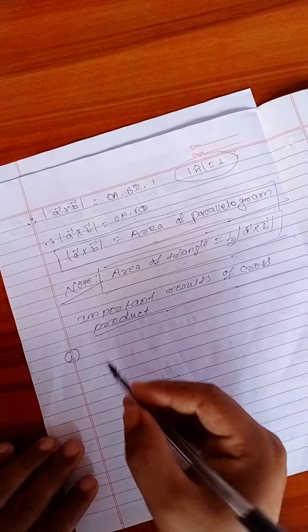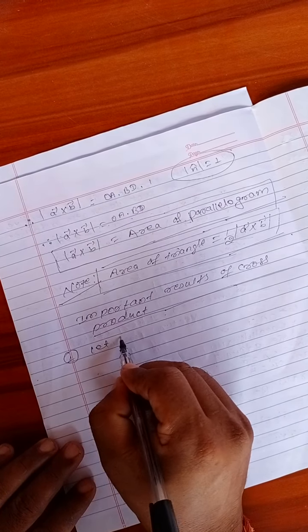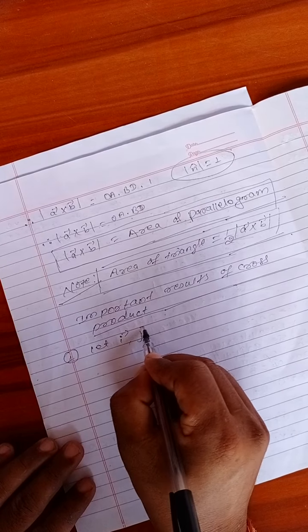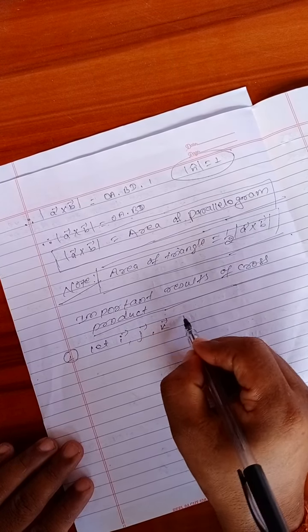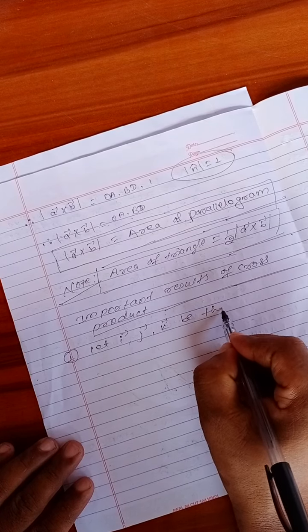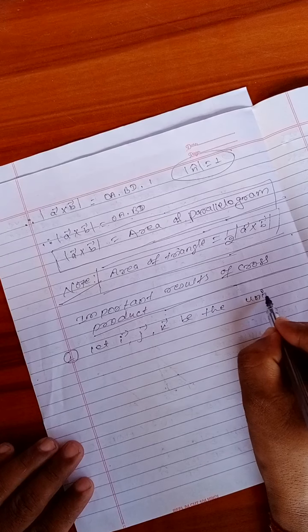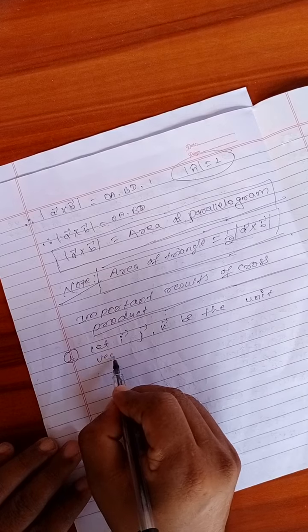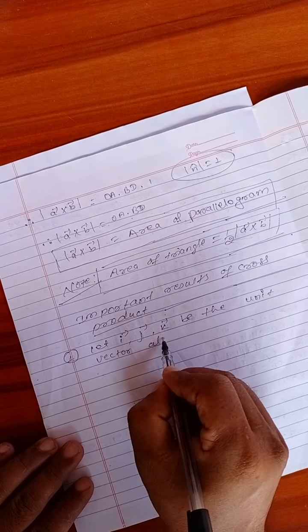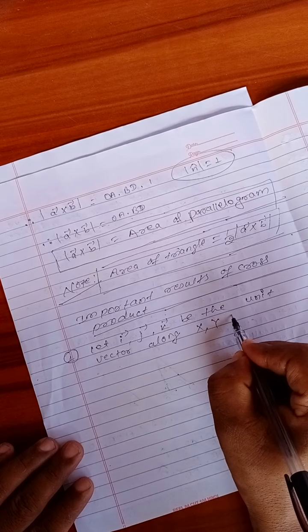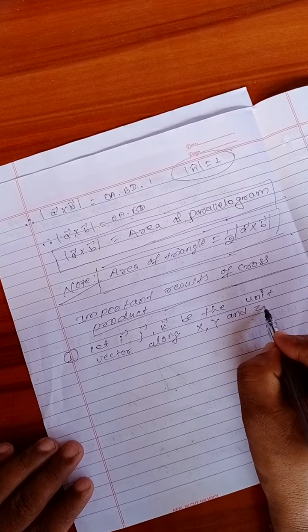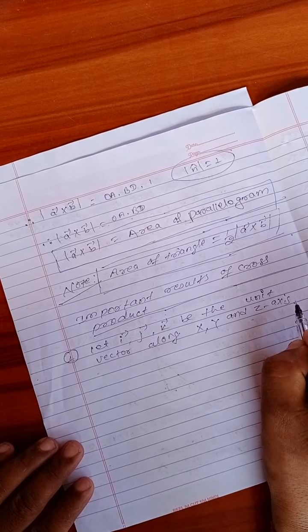Suppose i vector, j vector, k vector are the unit vectors along the x, y and z axes.